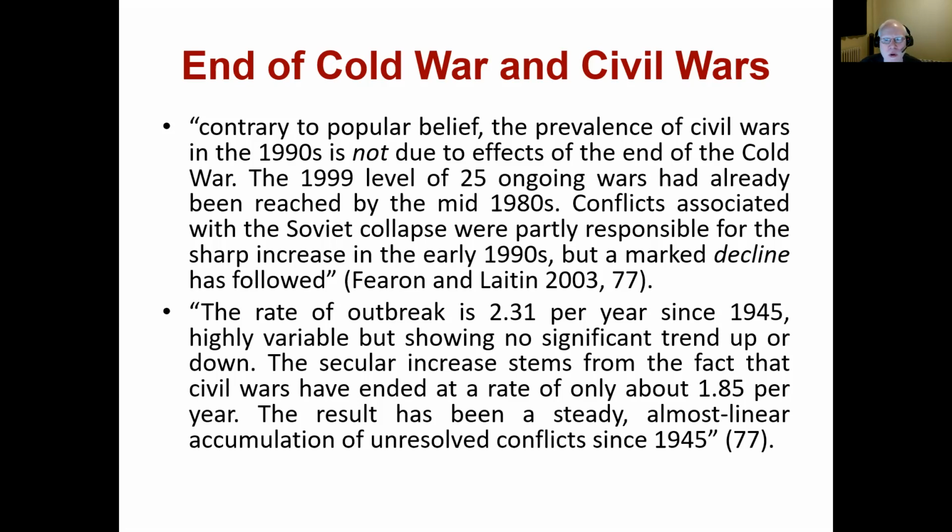Whenever more civil wars start than end, you're going to see an increase in civil wars. So the increase isn't due to the collapse of the Soviet Union or the end of the Cold War.